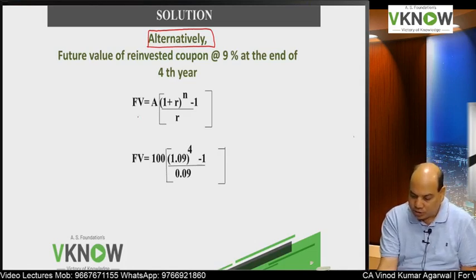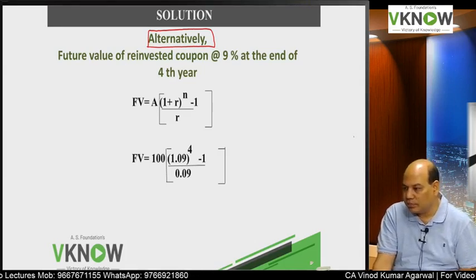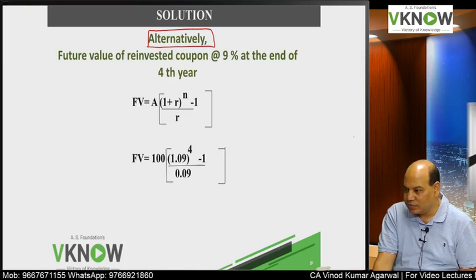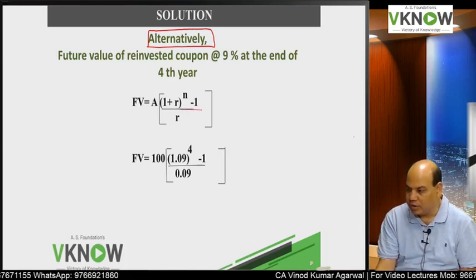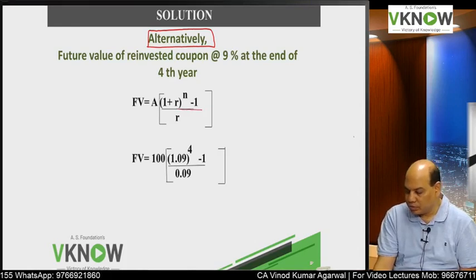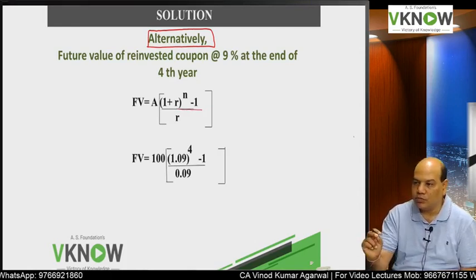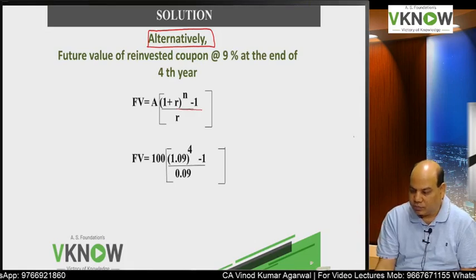So this formula is: future value is equal to A into (1 plus R to the power n minus 1) in the numerator, divided by R. Okay, this is the formula to find out the future value of an annuity.